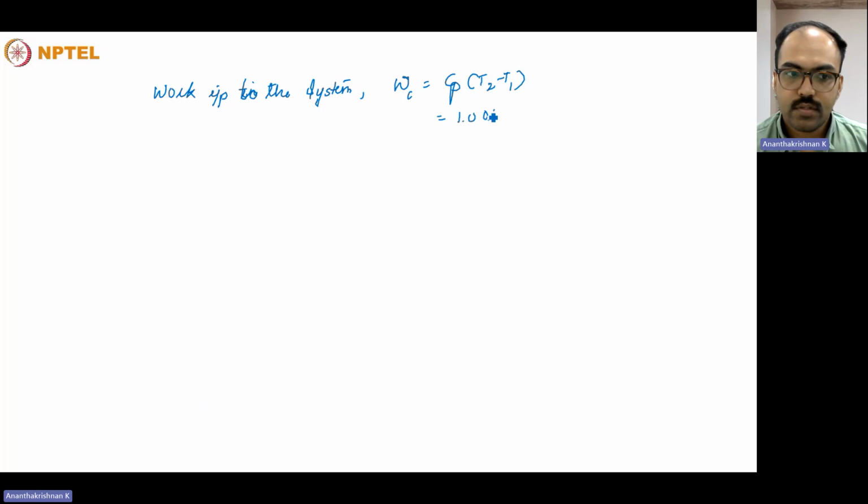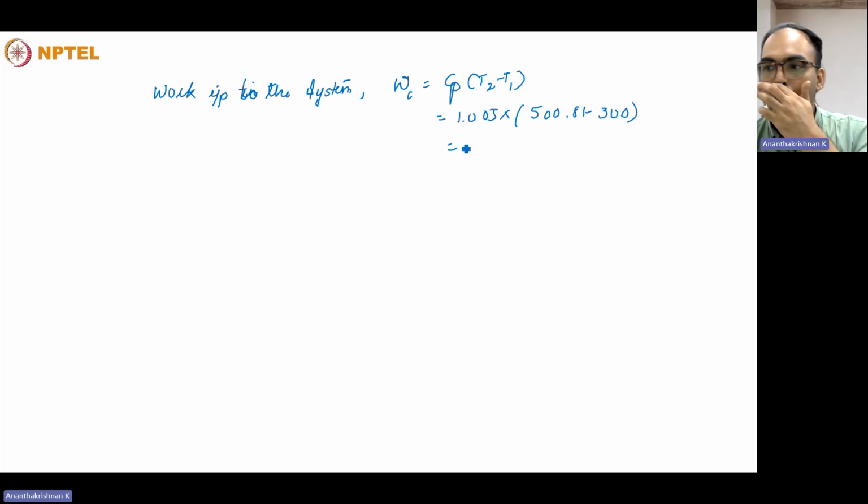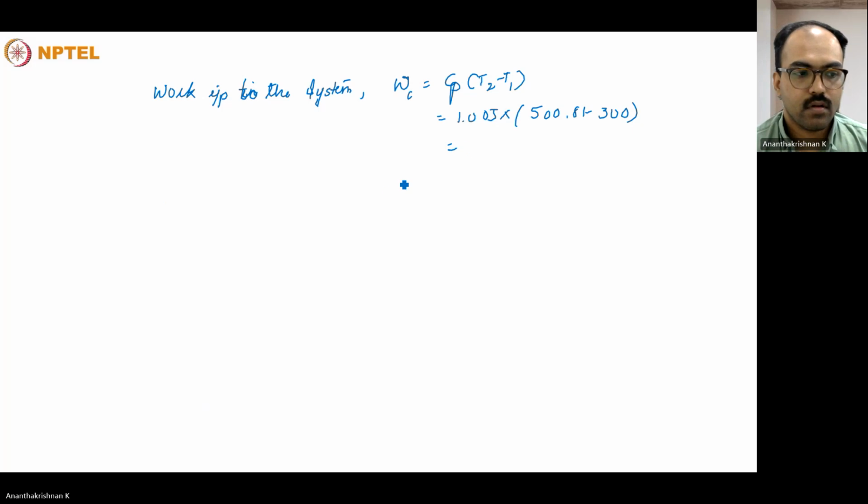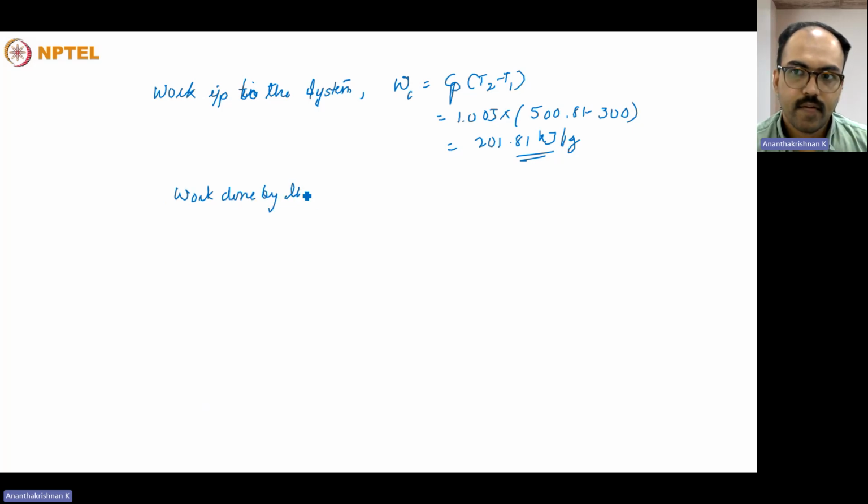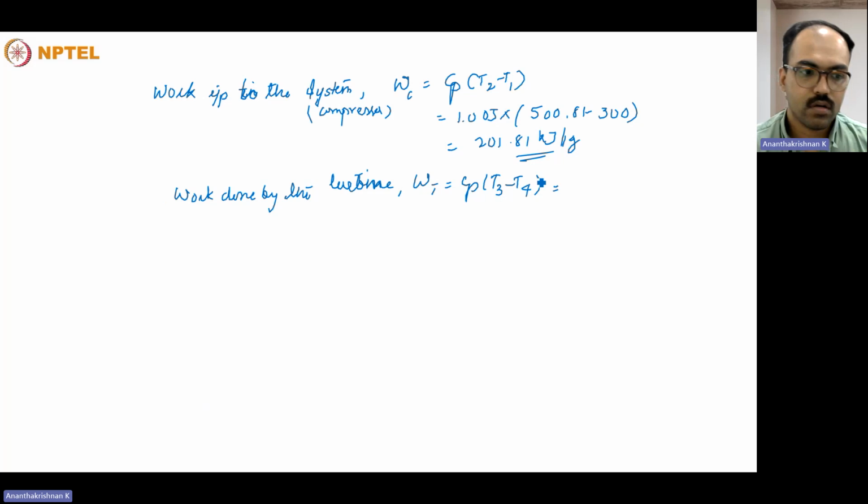So it's equal to 1.005 into T2 minus T1, which is 201.81 kilojoule per kilogram. Similarly, work done by the turbine is Cp into T3 minus T4.